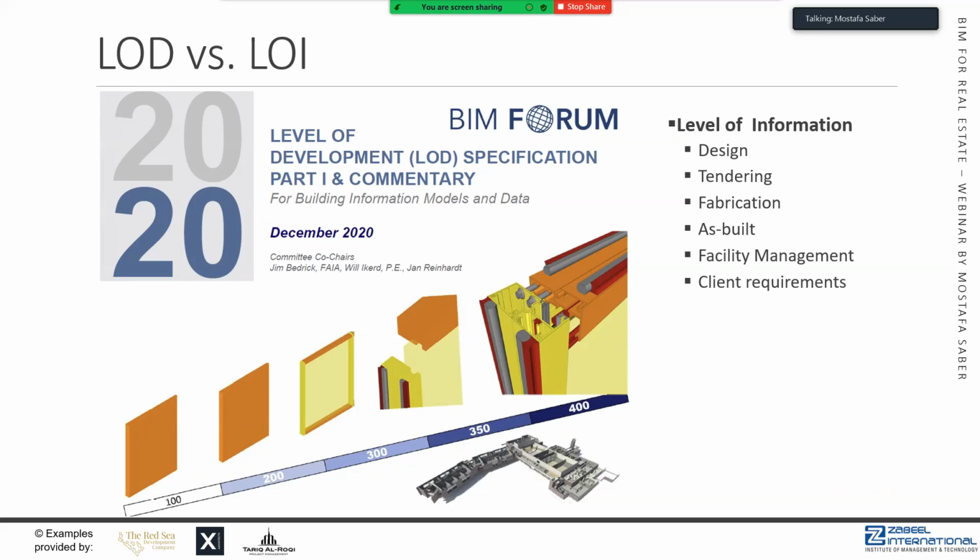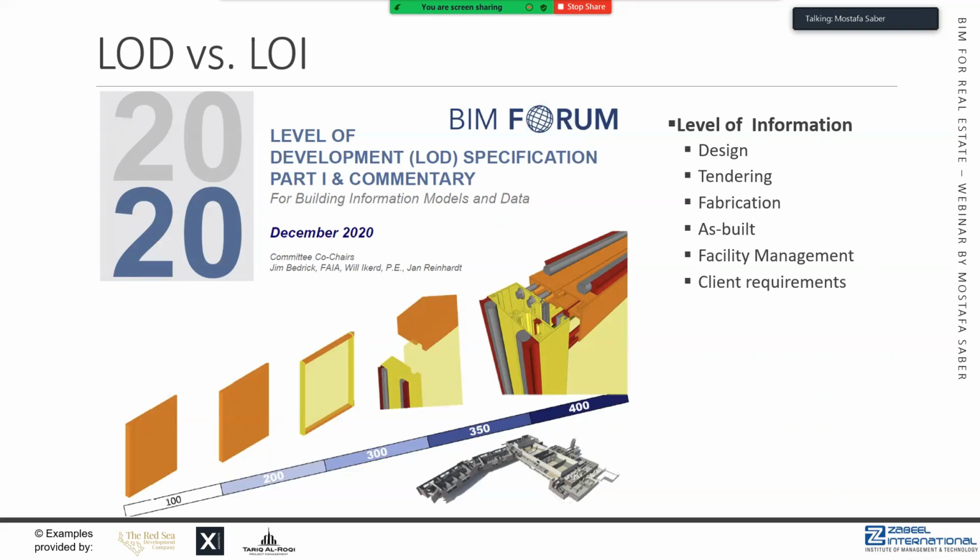And it was still referred to as LOD. But later on came the need for information, and people found it very important to discuss what is the level of information required. And for you as a developer, you will have to set specific standards for each project stakeholder.